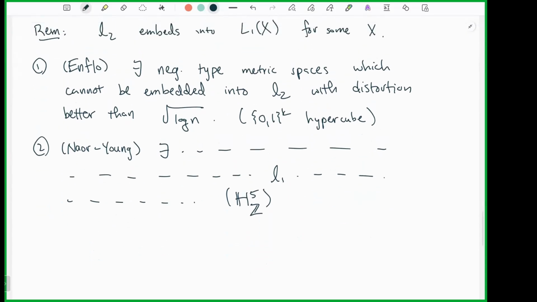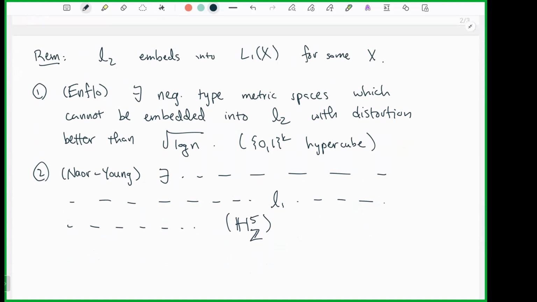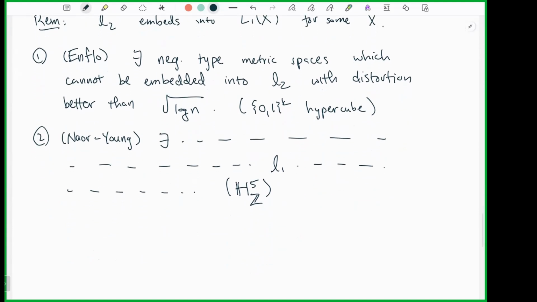Okay, so these are negative results. Now we know that the best we can do is root log n. One result in the positive direction was by Arora, Lee, and Naor, in about 2005, 2008 or something.